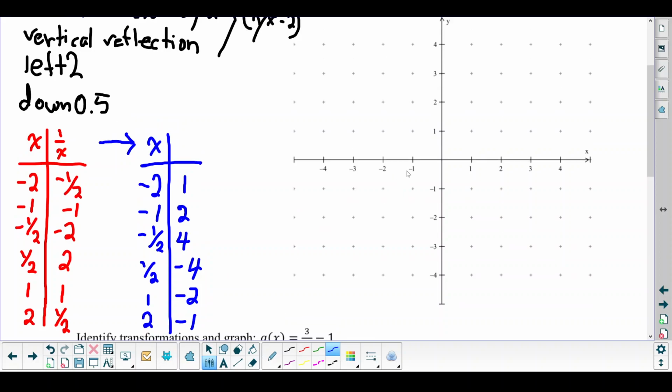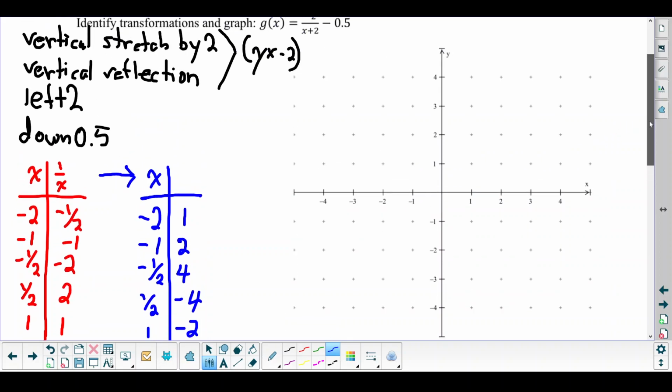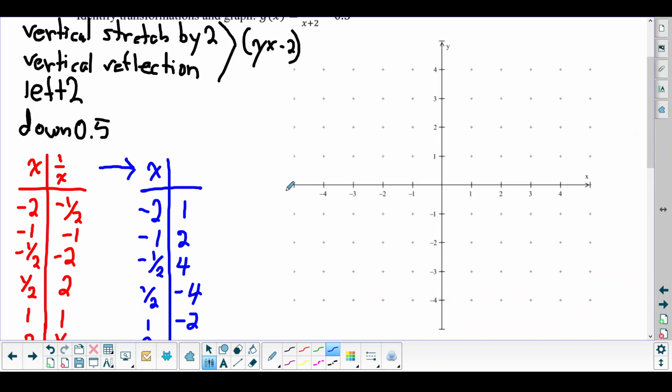All right, so let's graph these points in. Okay, so -2, 1, -2, +1. So we get a point here. -1, +2. -1/2, +4. So notice we're in a different quadrant this time.